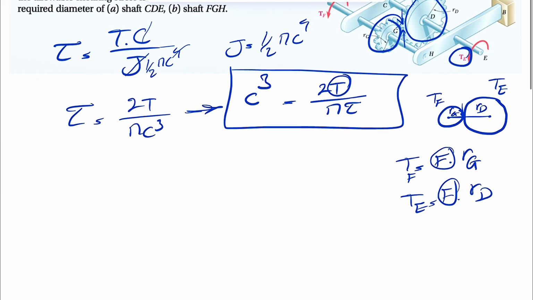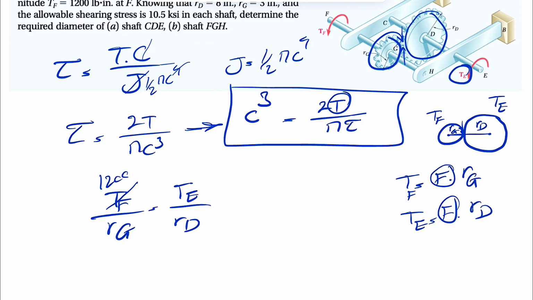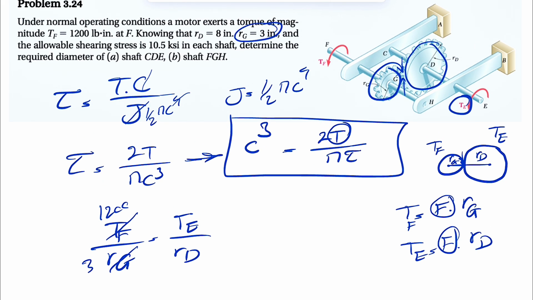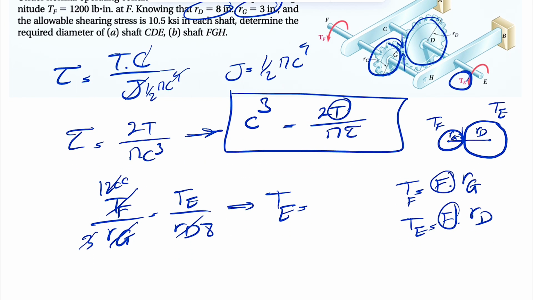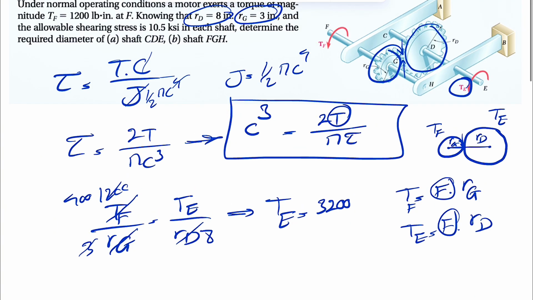And if we set these F's equal, we can figure out that TF over RG is equal to TE over RD. The question is already giving us 1200, RG is 3, and this is 8. So we can find the torque in shaft CDE, which is what we need to plug into the formula. So let's see what we get. Basically it's 400, 8 times 400 is 3200, and the unit would be pound-inch.